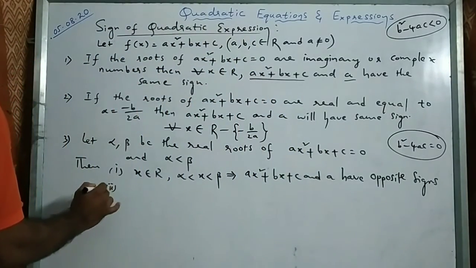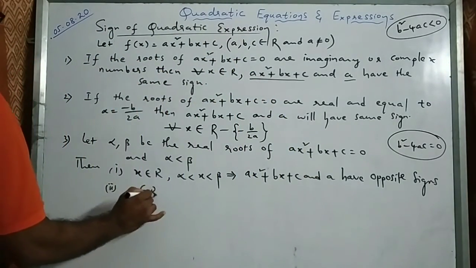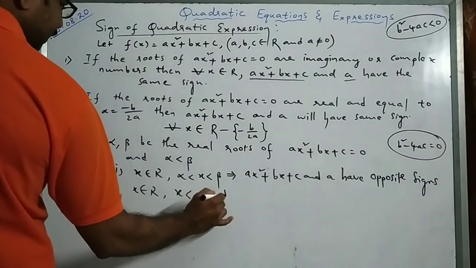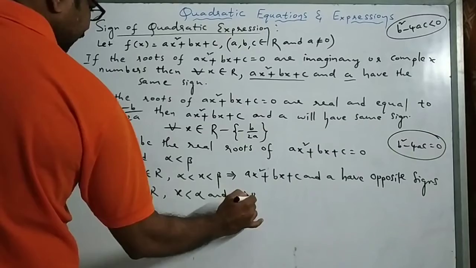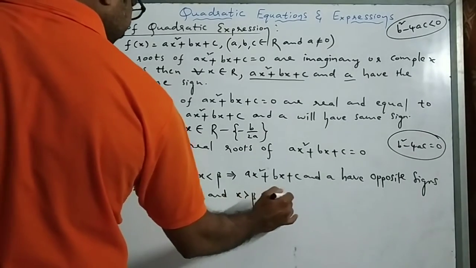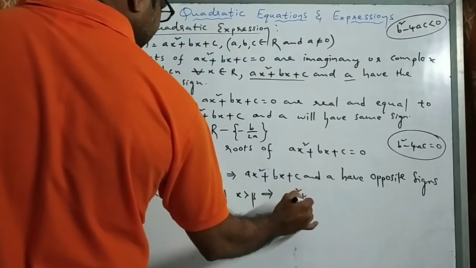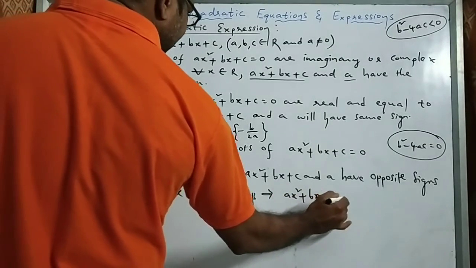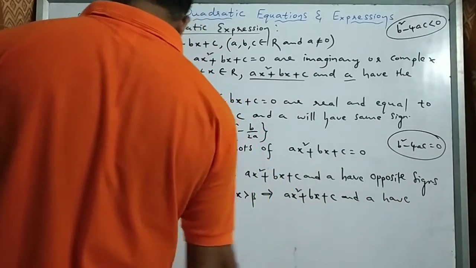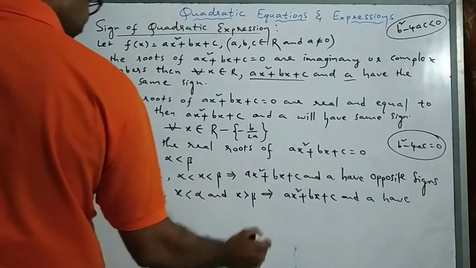Second, x belongs to R, if x less than alpha and x greater than beta, then ax square plus bx plus c and a have the same sign.